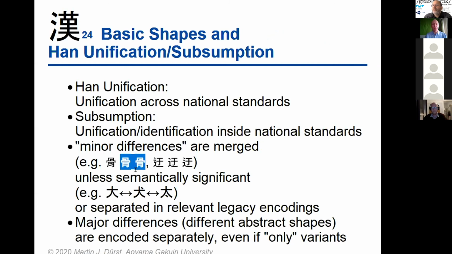That was quite a time ago, but I did occasionally show these to my students. If you just show one, they say, oh, that's the character for bone. If you show the next one, they say, oh, that's the character for bone. And then if you show both side by side, they would look at them and say, which one is the right one? Oh, this is right, and this is kind of strange. So you get effects like this.